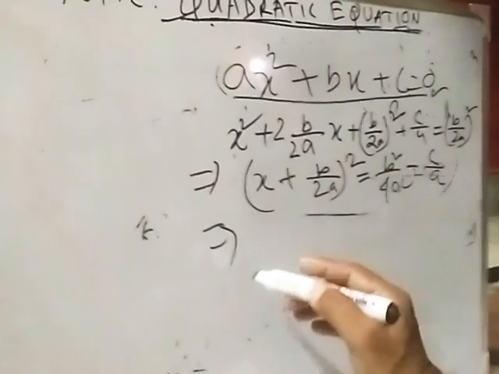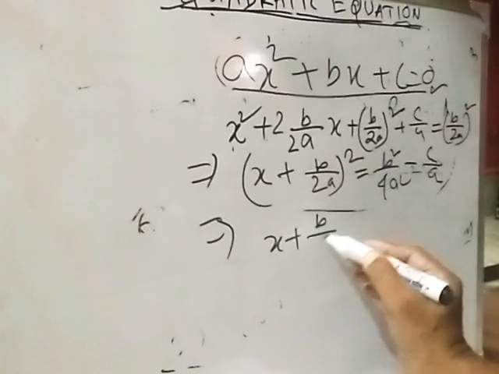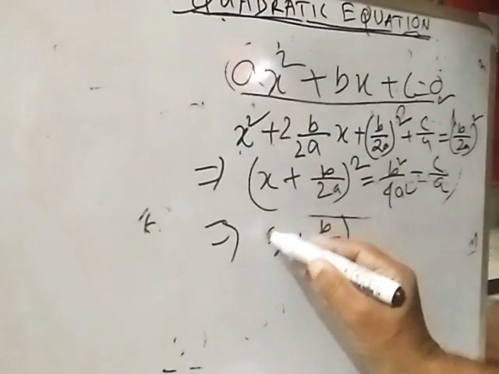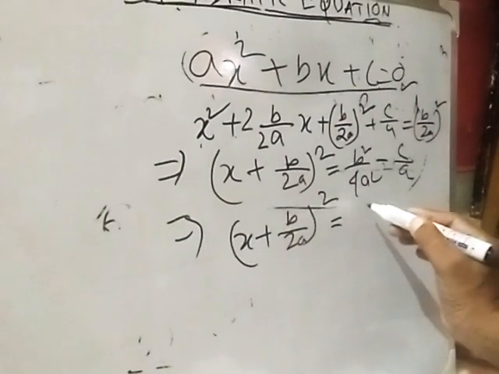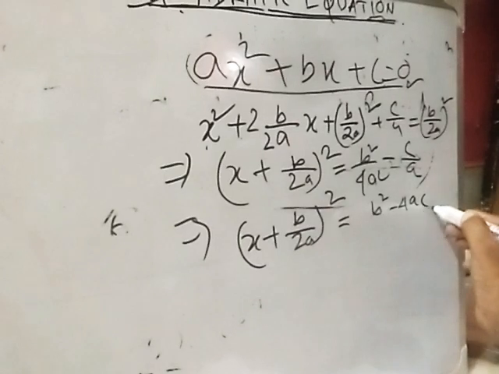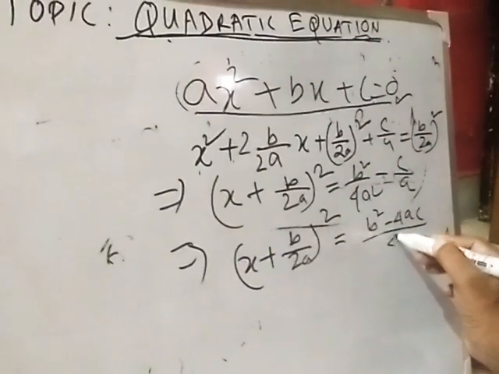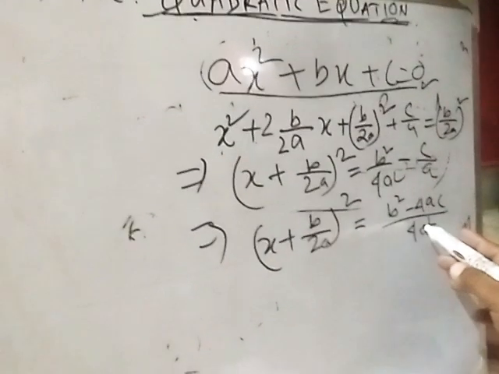So next follow here. x plus b by 2a whole square equal to, we are taking the LCM, b square minus 4ac by 4a square. Everybody got it?